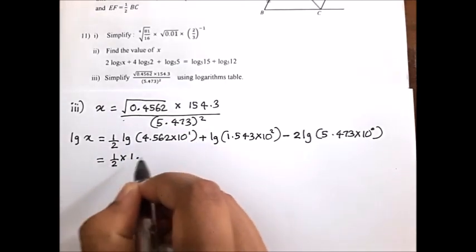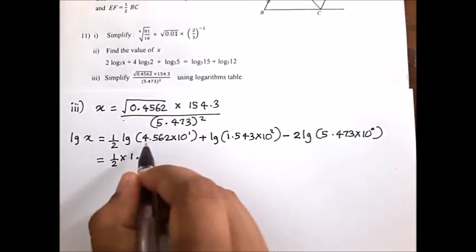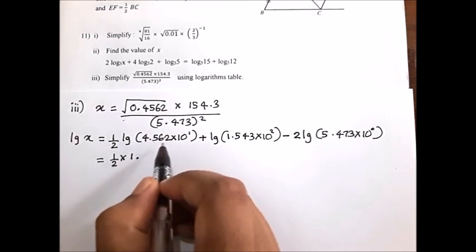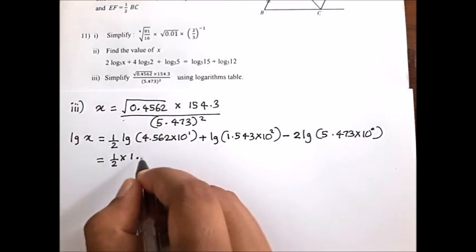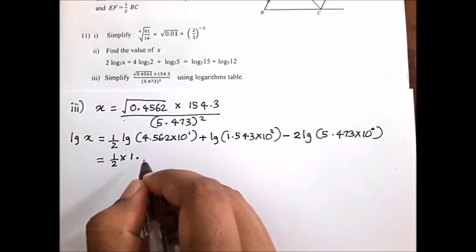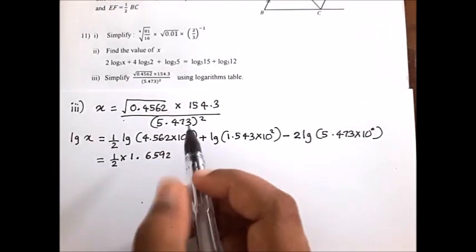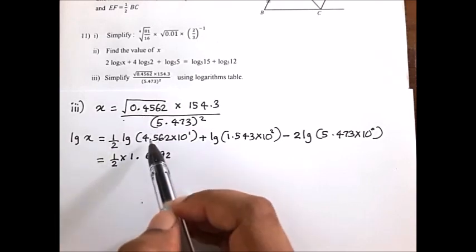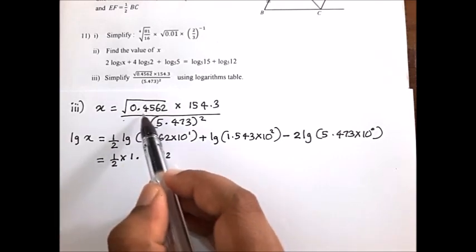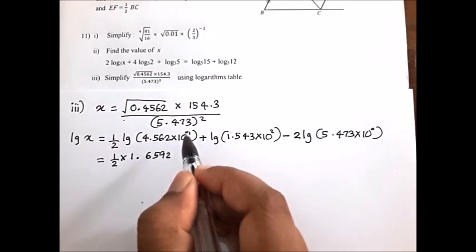Then use the logarithmic table. 10 to the power 1, take 1 point here. Now using the logarithmic table, find 4.562. The value is 6592. When you are writing this in scientific notation, you have to move the decimal point to the right-hand side, so here the index is minus 1.